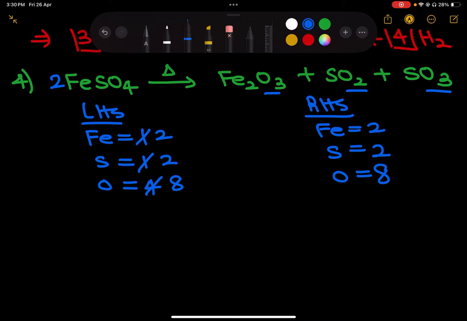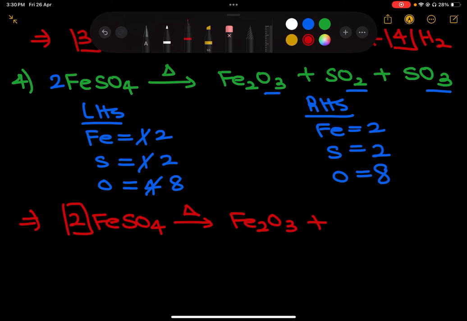So as you can see, we have balanced the equation. So 2, 2, 8, 2, 2, 8. So this is balanced. Not very hard, is it? Okay, so we get 2FeSO4 under heat gives Fe2O3 plus SO2 plus SO3. Okay, yeah, moving on.